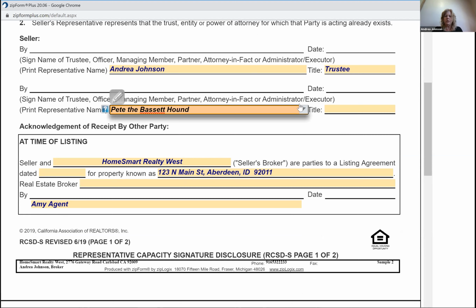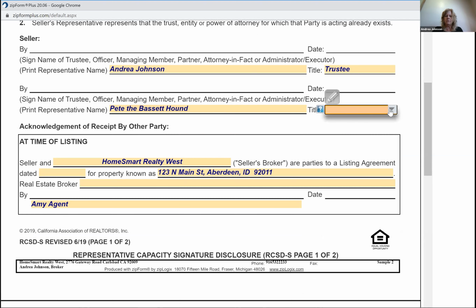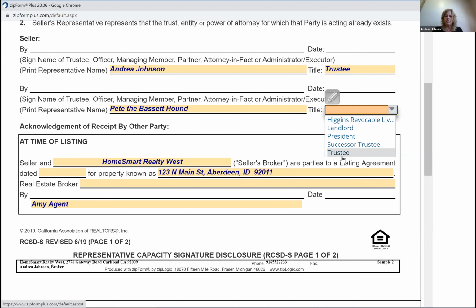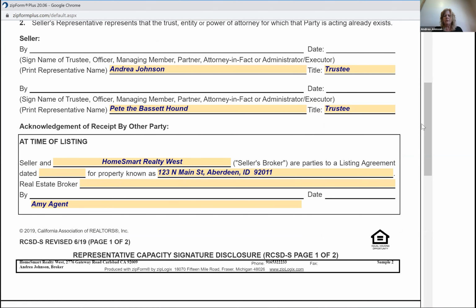Is also a trustee. Okay. I just noticed successor trustee. This would be in the event that the original trustees are deceased. So this will be done at the time of the listing, whatever it's dated, and the agent will be signing this.